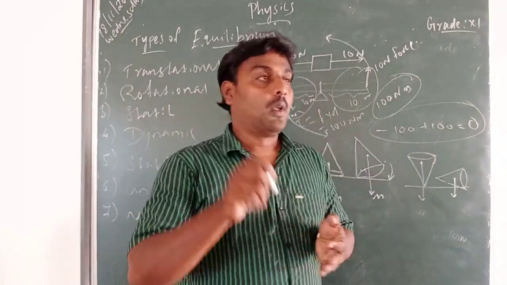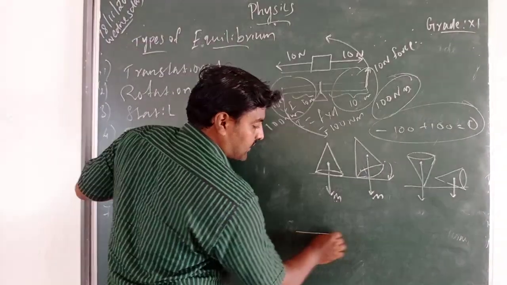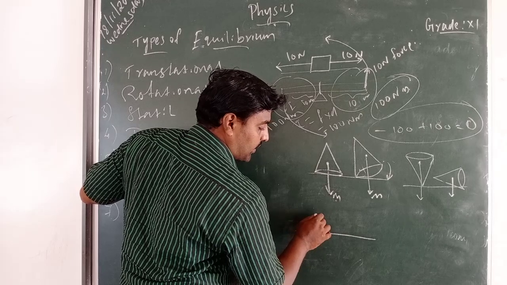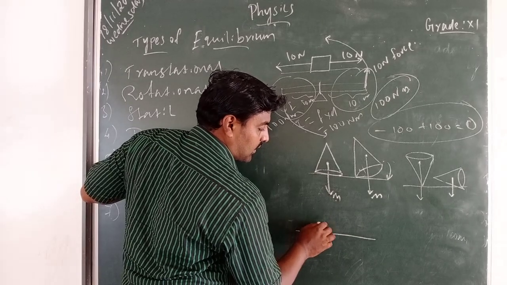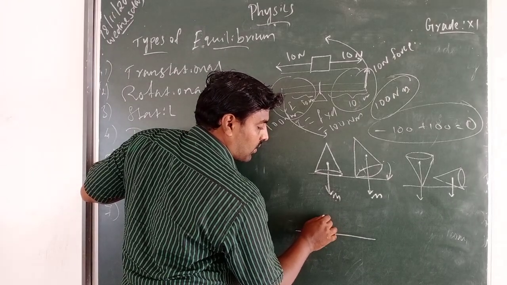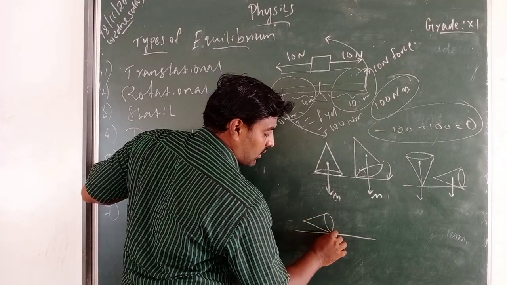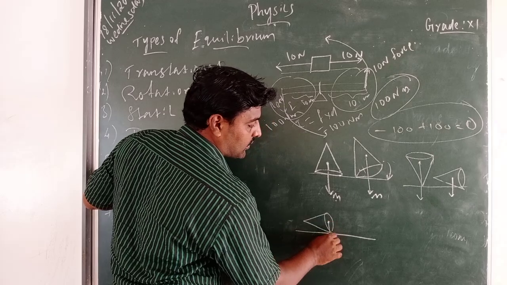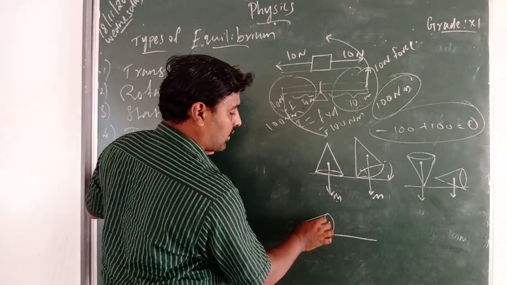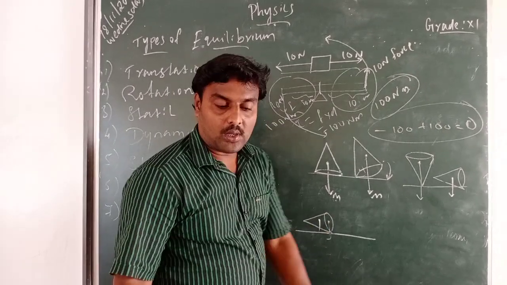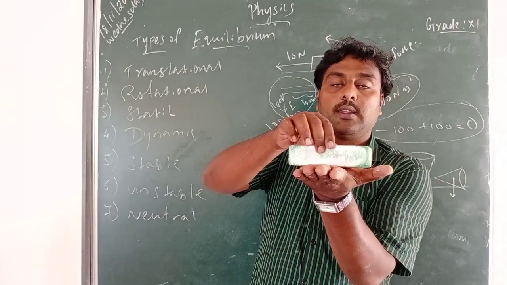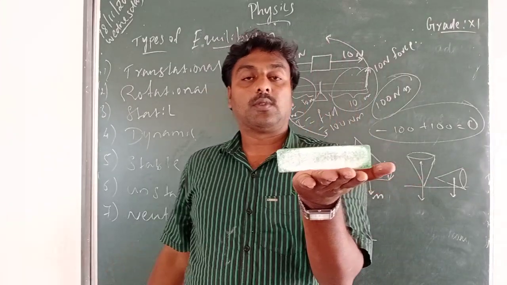And the last one is neutral equilibrium. Neutral equilibrium, you can explain with the same example. Assume that one cone is like this, in this position. So the center of mass is here. Now assume that the cone is in this position. This is the neutral equilibrium.